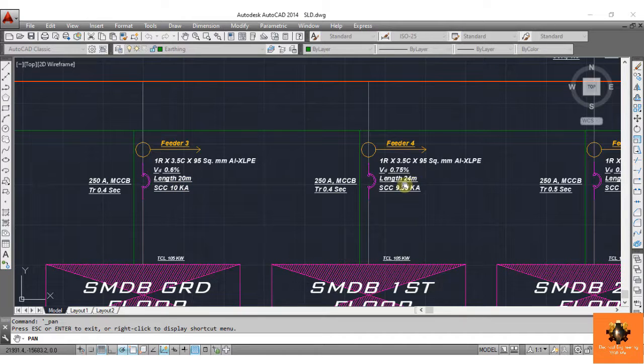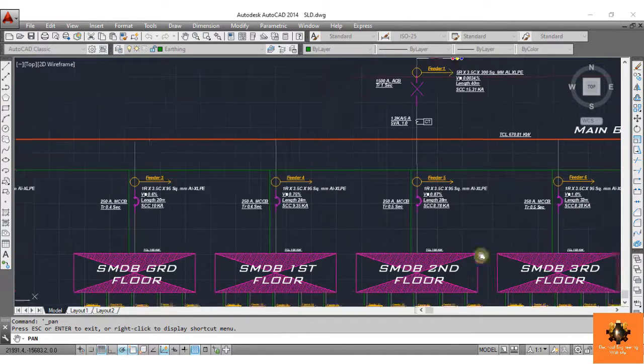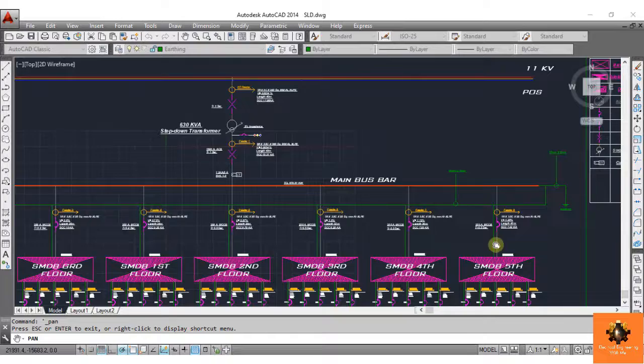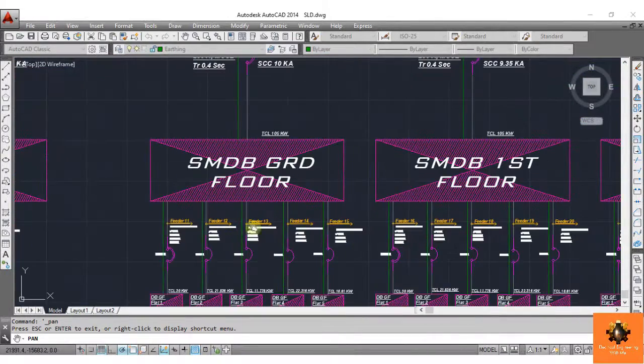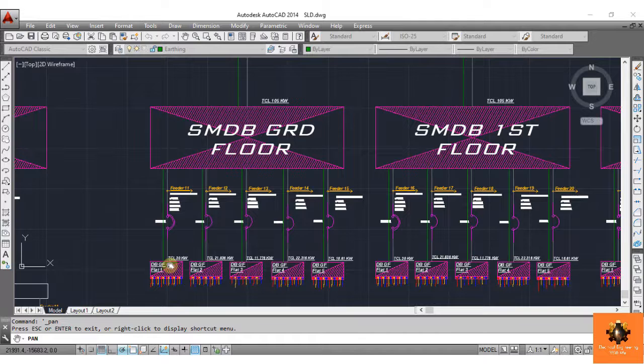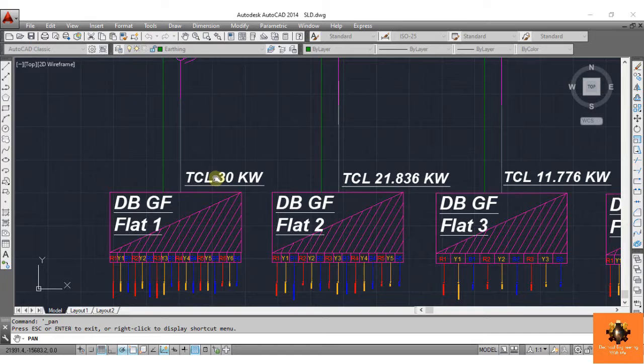Okay, and this is considered as 24 meter. Similarly for second floor, third floor, fourth and fifth floor. Now after that, come to this SMDB, and this SMDB is supplying electrical power to the 5 number of flats at ground floor, and the total connected load for flat number 1 is 30 kilowatt.